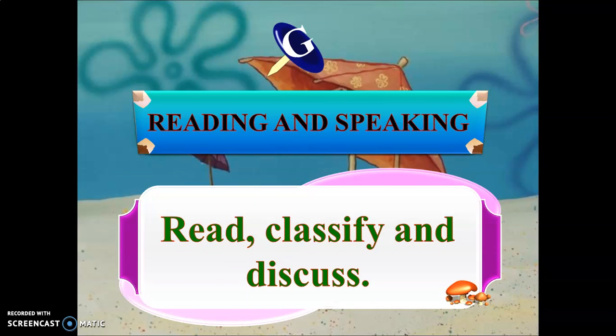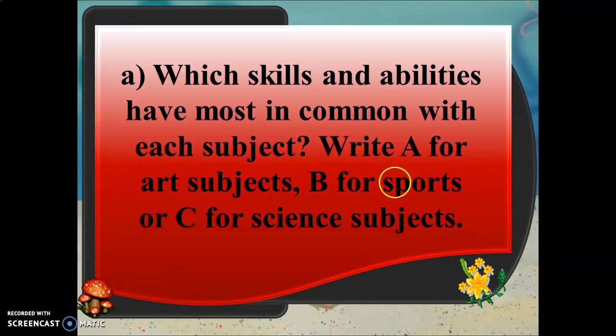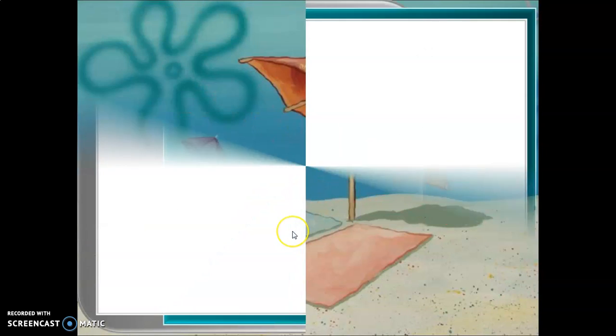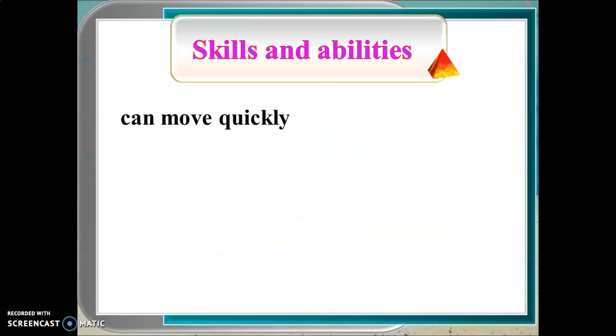Reading and speaking, exercise G. Read, classify, and discuss. Okay, in this exercise: which skills and abilities have most in common with each subject? Write A for art, B for sport, C for science. Can move quickly.